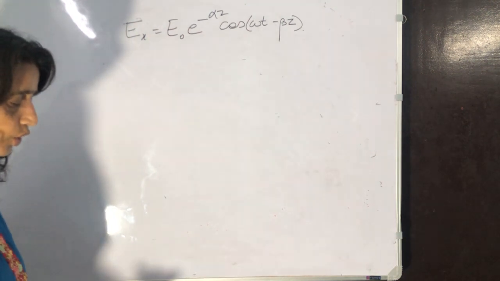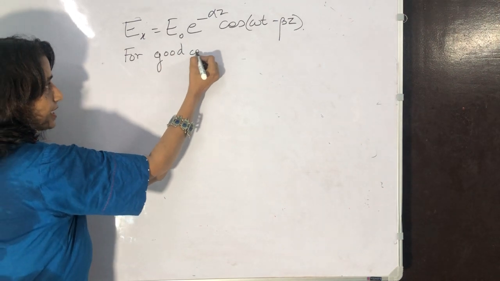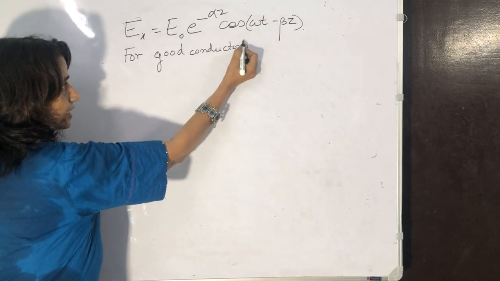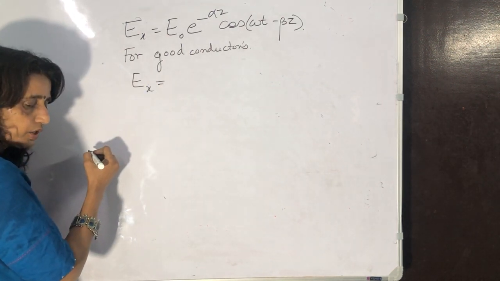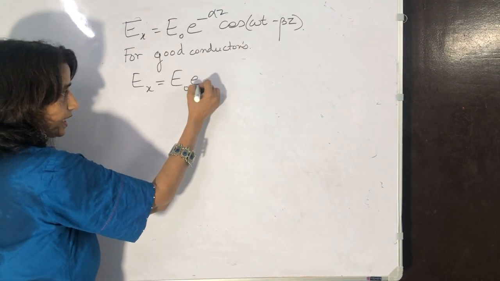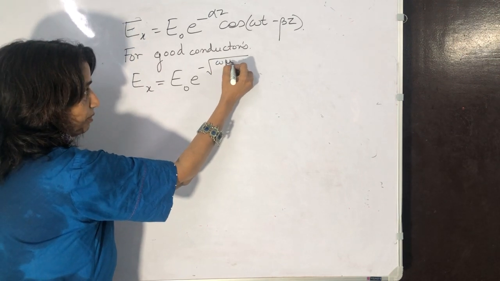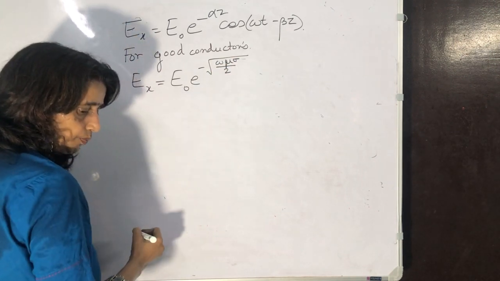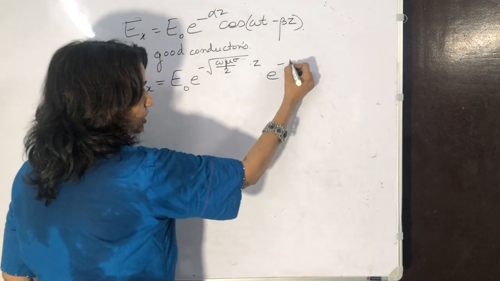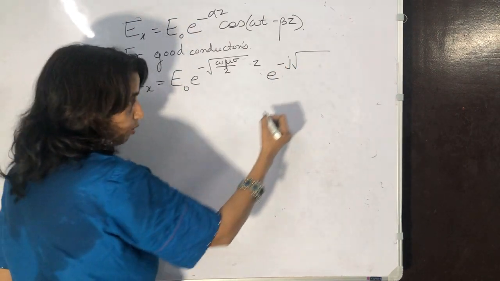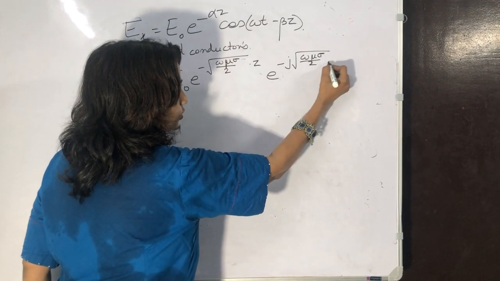Now, for good conductors, when this EM wave travels, Ex becomes a combination of E naught e to the power of minus square root of (omega mu sigma upon 2) times z, times e to the power of minus j square root of (omega mu sigma upon 2) times z.